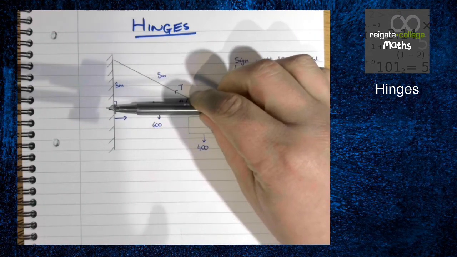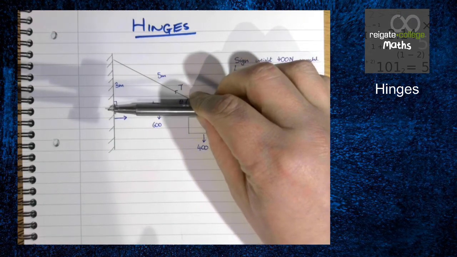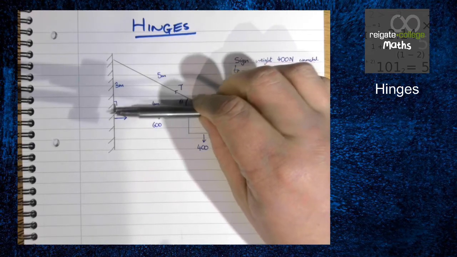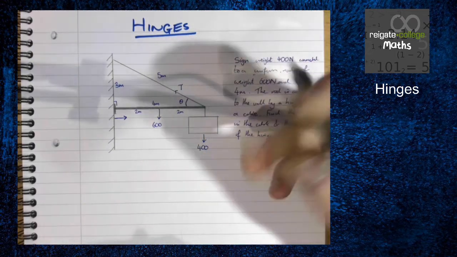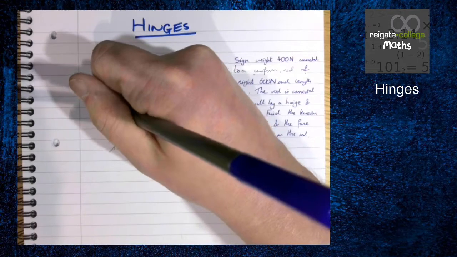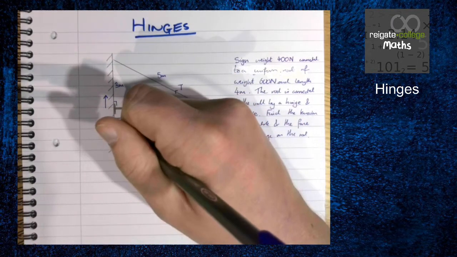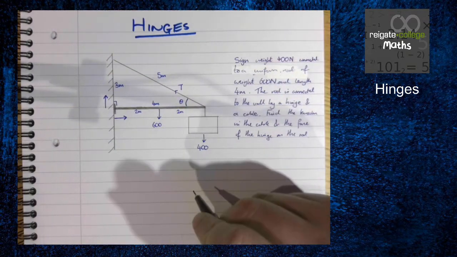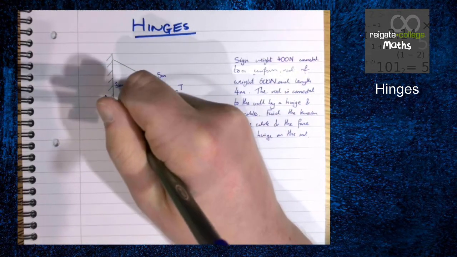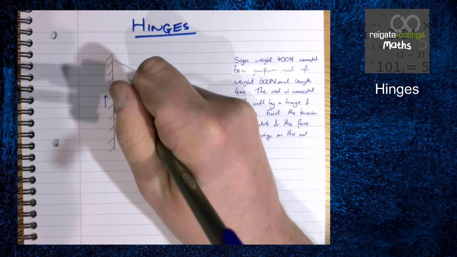Because it's fixed, there's maybe a force pushing up from the rod onto the hinge, so there is a force going in that direction as well. Now the reaction force, or the resultant force that we're going to find, is going to go vaguely in this direction.